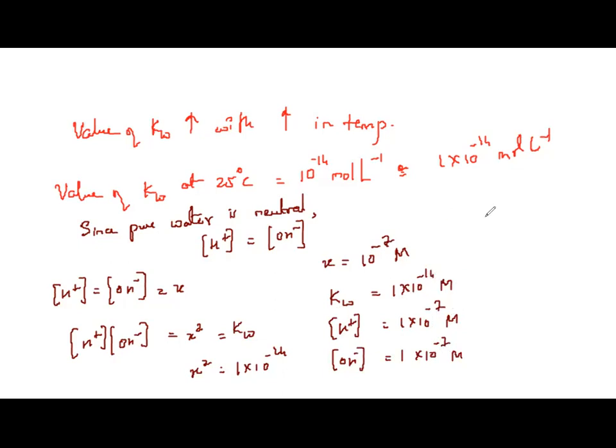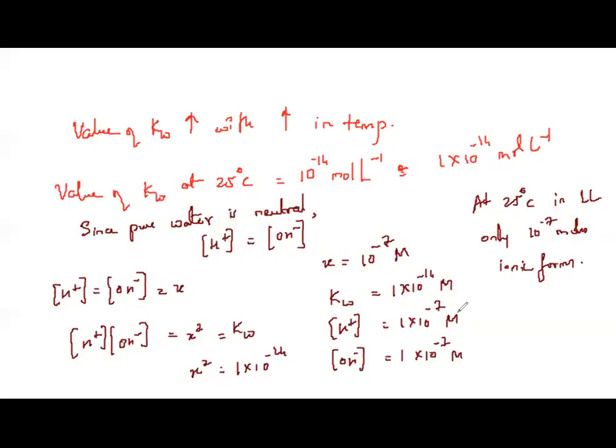So this shows that at 25 degrees Celsius, in 1 liter, only 10 raised to minus 7 moles of water are in ionic form, out of approximately 55.5 moles.